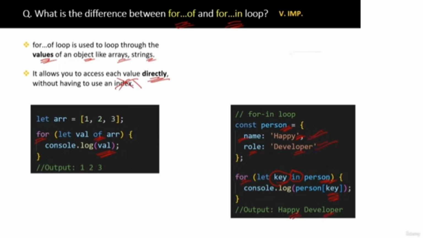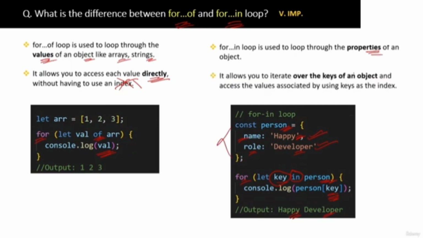The point is the for in loop is used to loop through the properties of an object. And also it allows you to iterate over the keys of an object and access the values associated by using keys as the index. So that is the difference which we have learned by heart now.